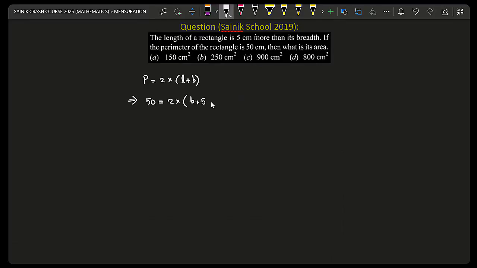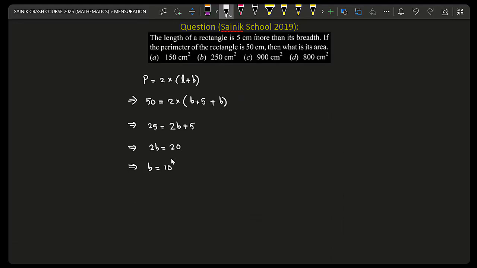Sir, here 2 is multiplying, we want to transpose, then it divides. 50 divided by 2, can I write directly 25 here? Yes, sir. b plus b, 2b plus 5. Plus 5 we want to transpose, it is minus 5, sir. So 2b is equal to 25 minus 5, that is 20. So b is equals to 10.